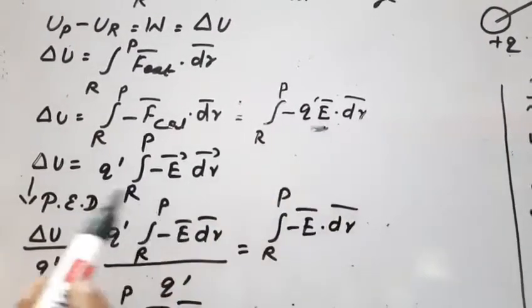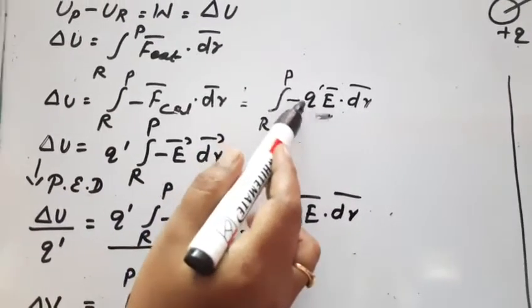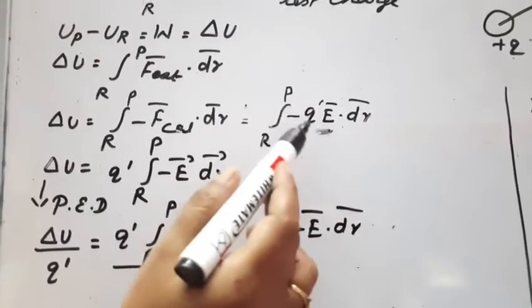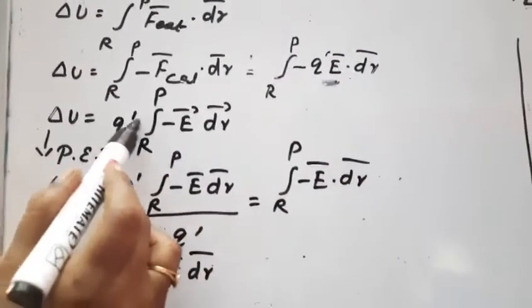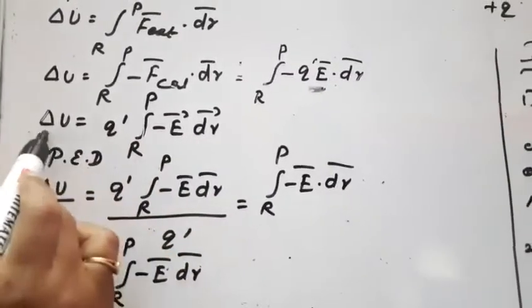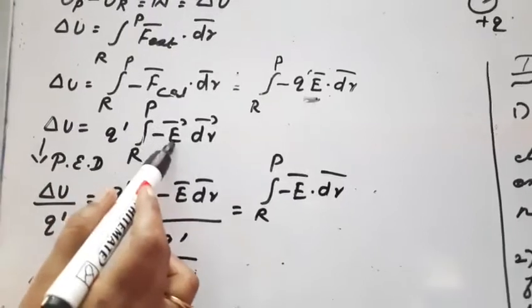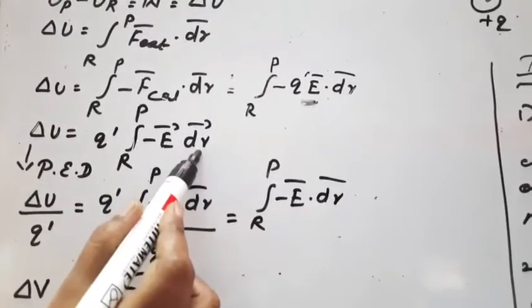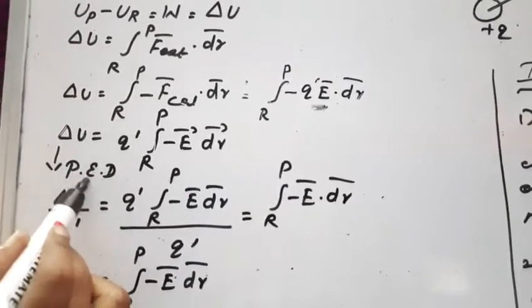Here q dash is the test charge and this is constant, therefore we take q dash out. Therefore, del U equals q dash times the integral from r to p of minus E bar dot dr bar. This del U is known as the potential energy difference.